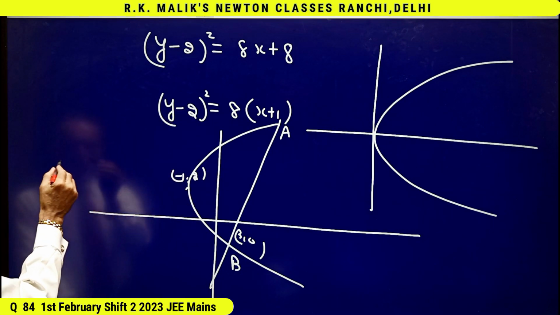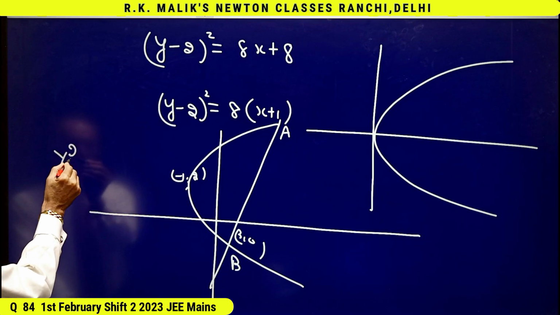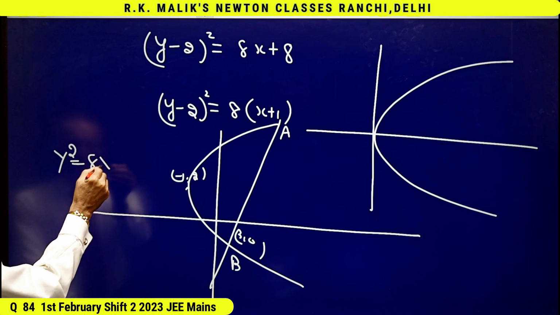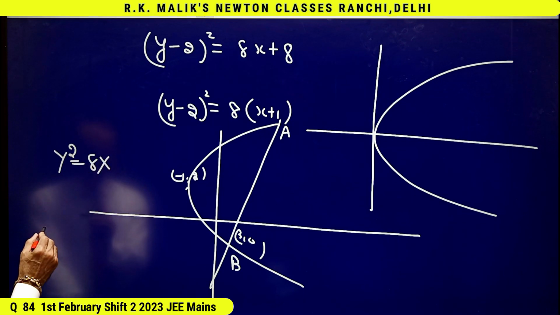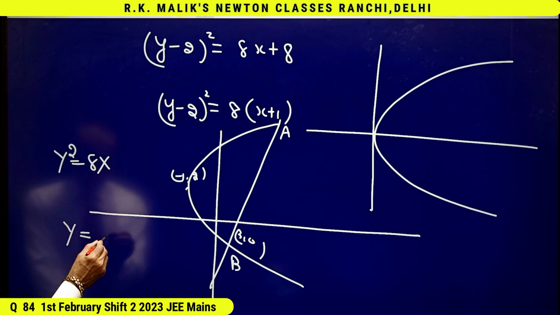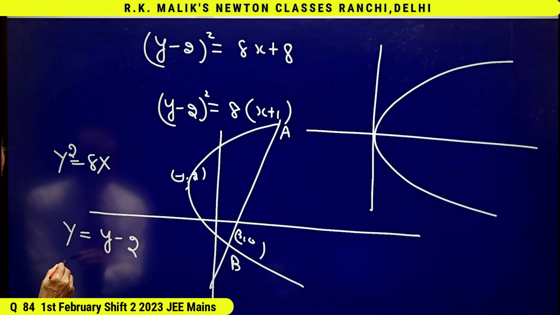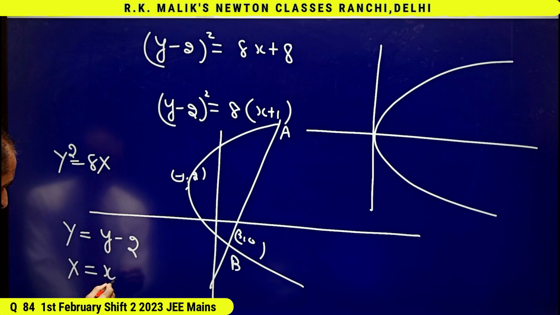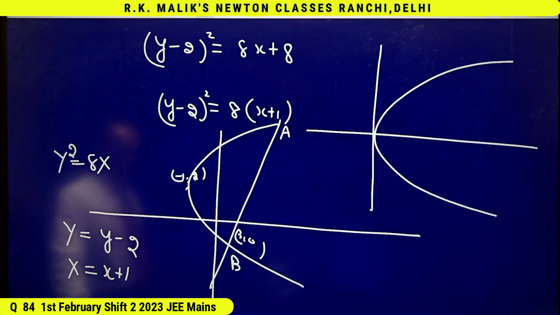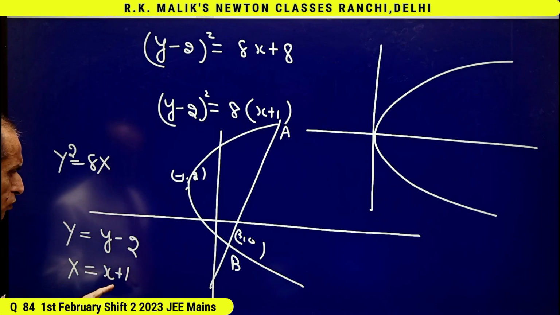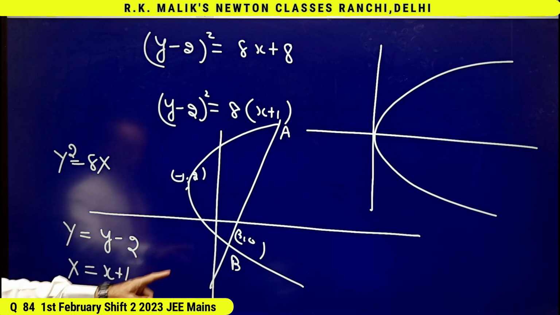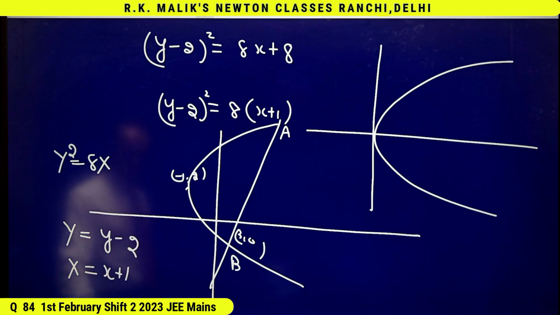The new equation has become Y square equal to 8X, where capital Y is y minus 2 and capital X is x plus 1.